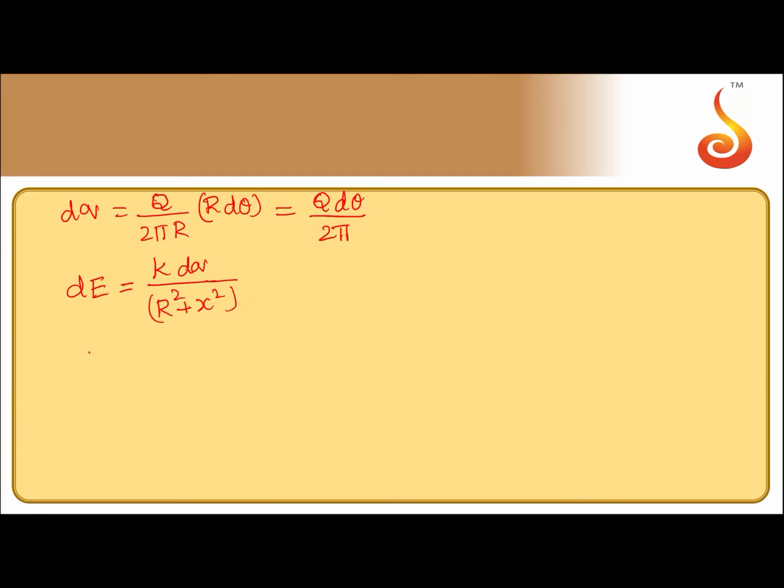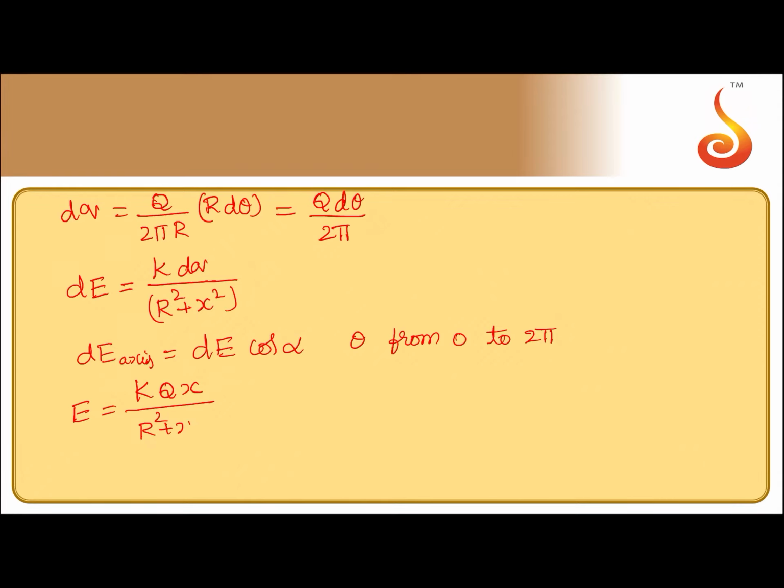So the component of this field along the axis will be dE axis, that is equal to dE cos alpha. On integrating this between the limits theta is equal to 0 to 2 pi, we get E is equal to k q x divided by r square plus x square whole to the power 3 by 2.